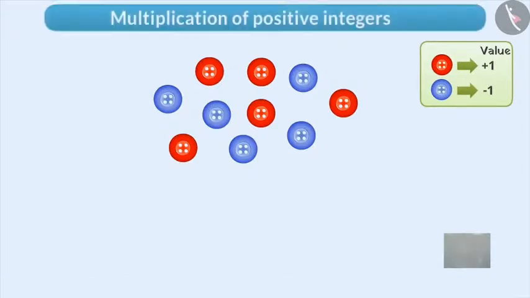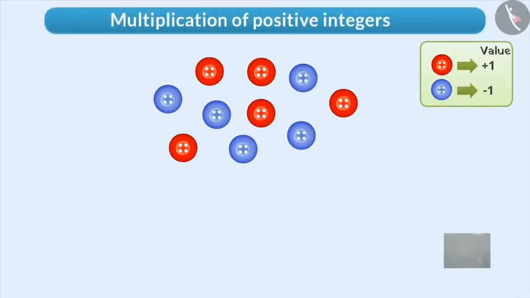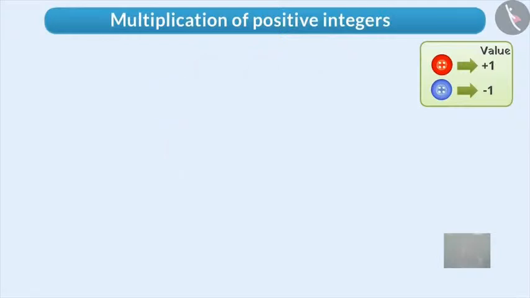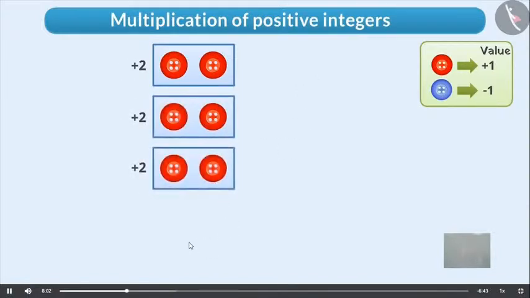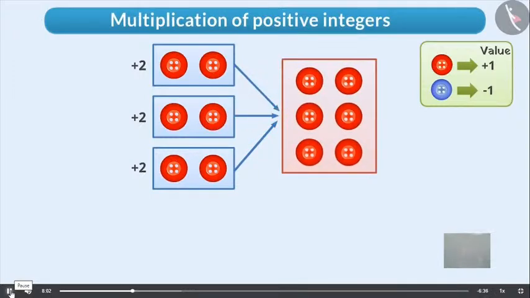Using these buttons, let's understand multiplication of 2 positive integers. Suppose we take 2 red buttons and make a group. Then the value of one group will be positive 2. If we make 3 such groups, then what will be their total value? In order to find this, we will add positive 2 3 times. This can be expressed in the form of multiplication as positive 3 into positive 2.